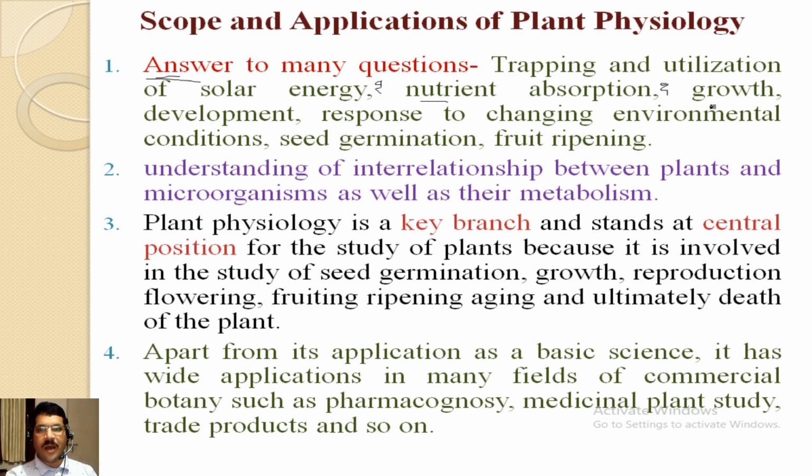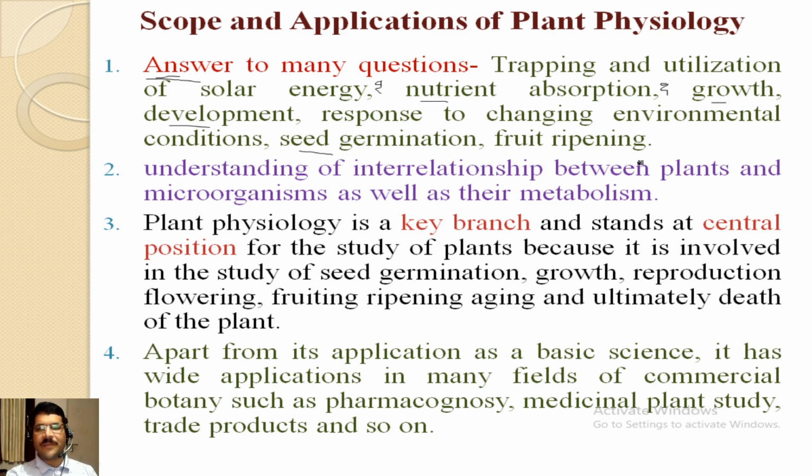Then growth, how a plant grows, how it will develop, and response to changing environment. There are different types of stresses a plant has to face and how these plants will respond to different types of environmental conditions and stresses. Seed germination mechanism, how a seed germinates, what are the requirements of seed germination, everything.